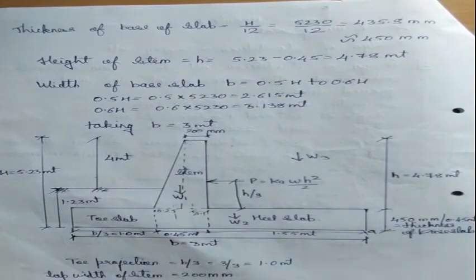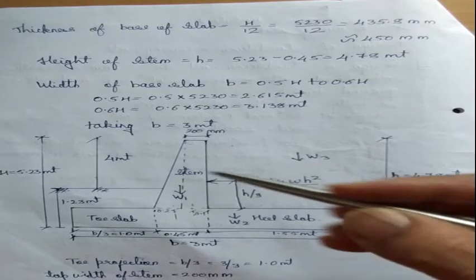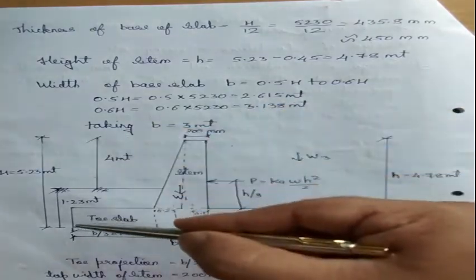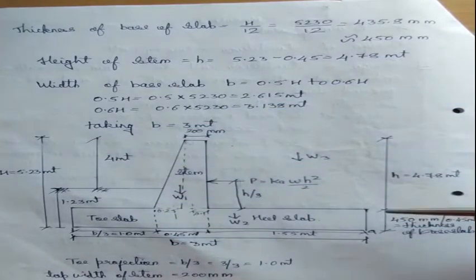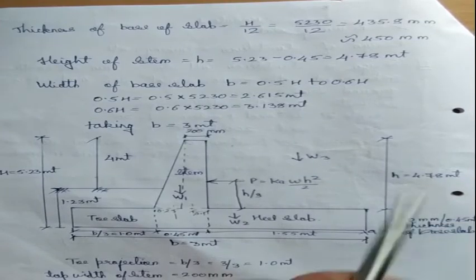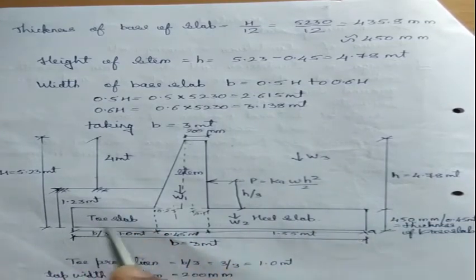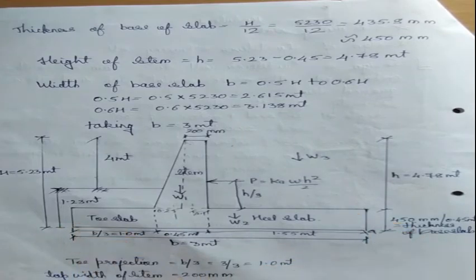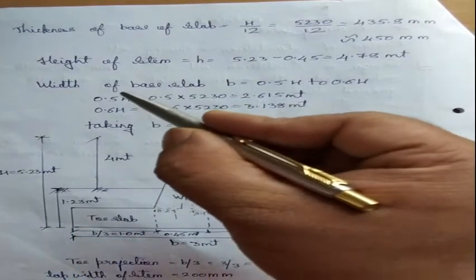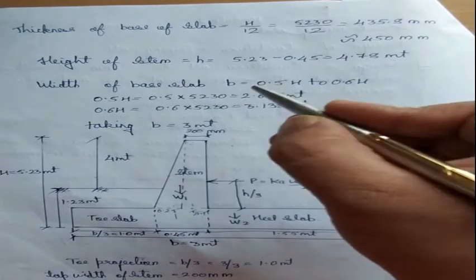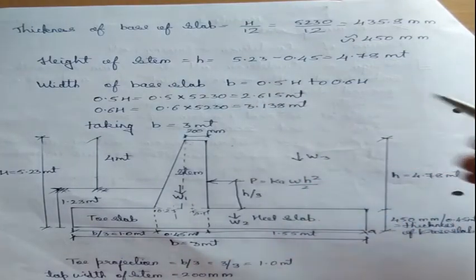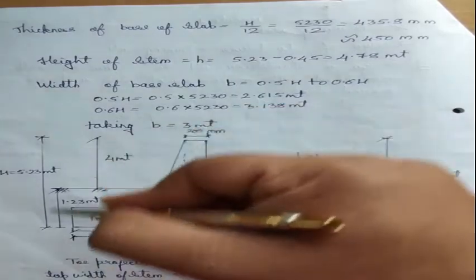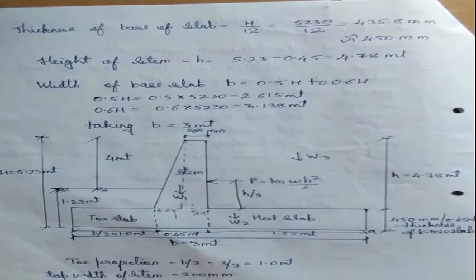Now, let us decide the width of the base slab. We have found two dimensions, the total height of the stem and the thickness of the base slab. Now, let us define how much width the base slab should have. You can see the width of the base slab B is given in the range 0.5 h to 0.6 h, where h is the height of the cantilever retaining wall.